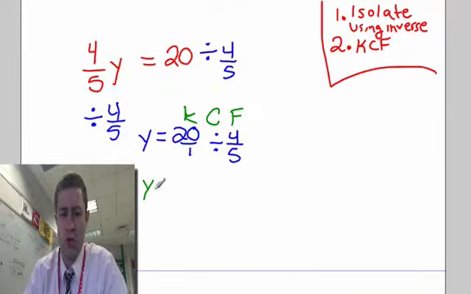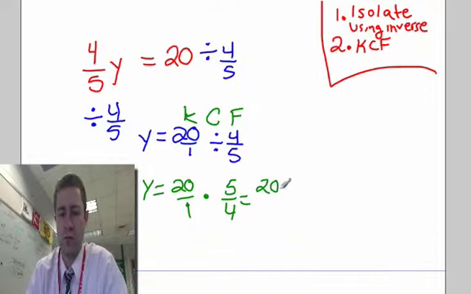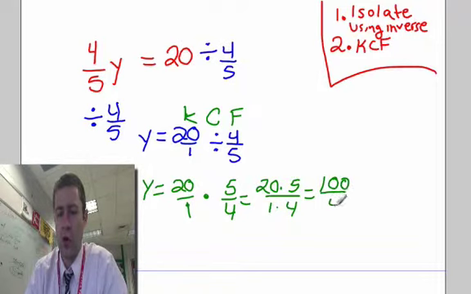This turns into y equals 20 over 1 times 5/4, which becomes 20 times 5 over 1 times 4, which equals 100/4, or 25.